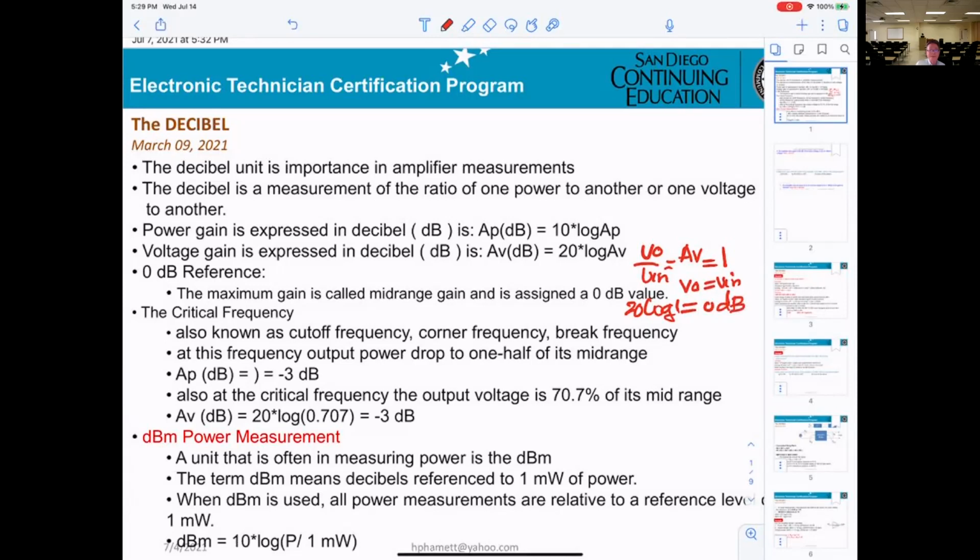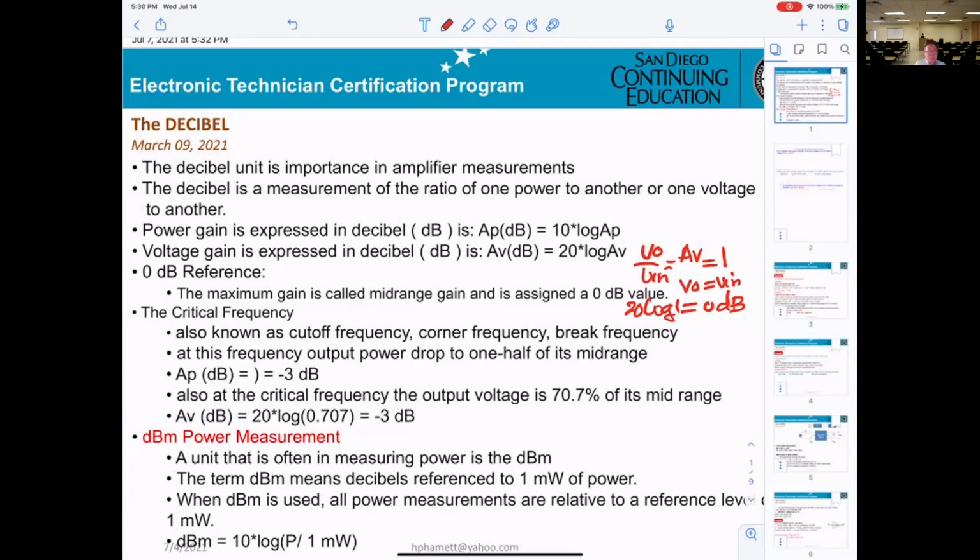So when you say 0 dB, that means input and output are the same, and there is no loss. So that's why they said the maximum gain, called the mid-range gain, equals 0 dB. That tells you at the mid-range, you have no loss, okay?